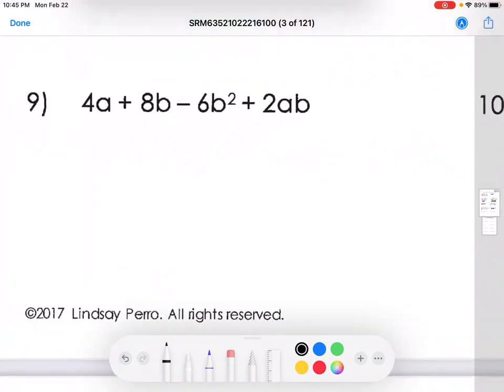Okay, number 9. I have 1a variable. So next I want to go to b. Or actually I want to go to ab next. Okay, then I have a b squared. I'm just going to use yellow, and then a b.